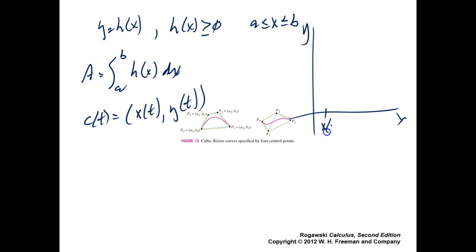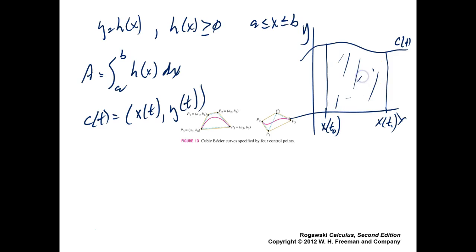This is your x at t0 and your x at t1. Here's your curve up here, c of t, with those coordinates, and your y is y of t0, y of t1. If this is your curve, the area under that curve is given by that equation. We know that.